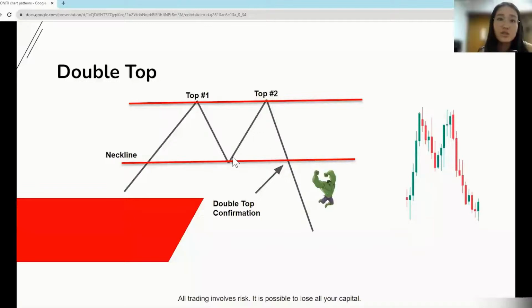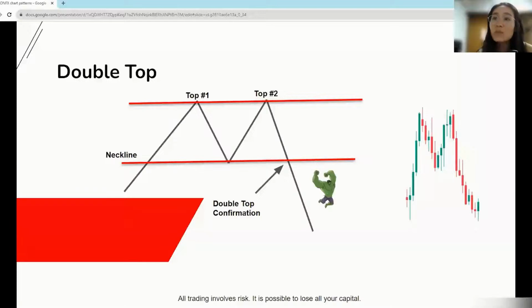The pullback is just over here, and the new minor support level is then called the neckline or the support level. The pattern is confirmed once the price breaches the low of the pullback between the two highs. Basically, once it breaks out of this neckline area or the swing low support over here.